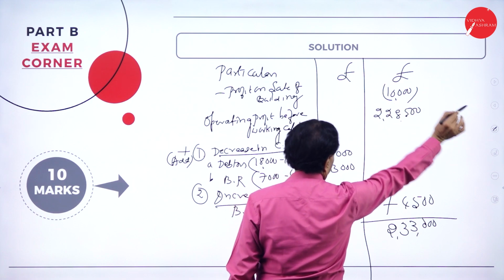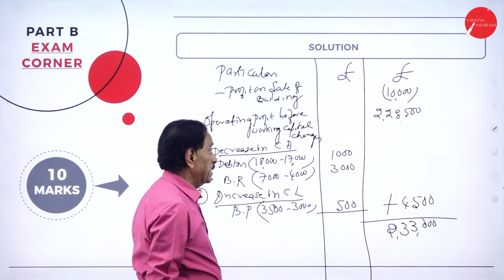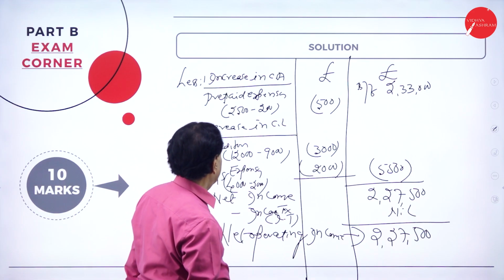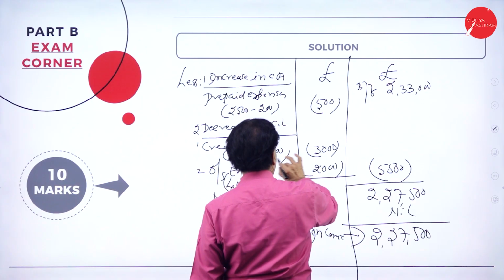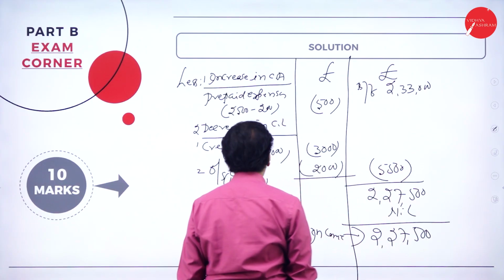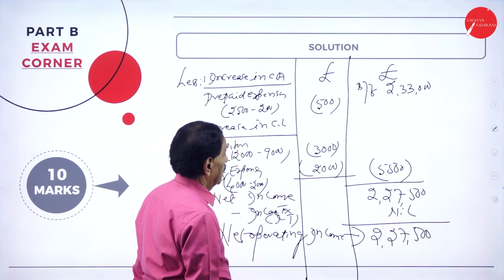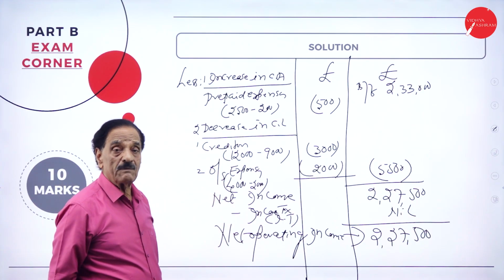Profit, 2,28,500 plus 4,500, that is 2,33,000. Increase in current asset, prepaid, decrease in current liability, creditor, outstanding, 5,500 should be deducted. Net income, 2,27,500. There is no income tax.